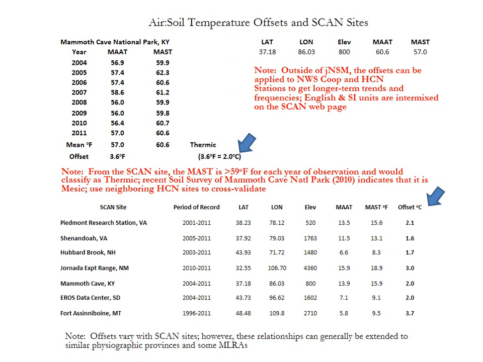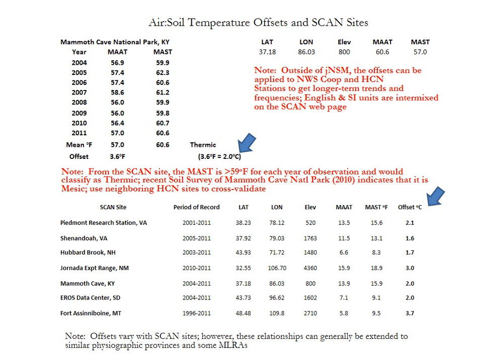Here's a summary slide where we have actually shown how that's computed in the upper section. So here's the offset from the years 2004 through 2011. And below, we've looked at the neighboring scan sites that had reasonable data. Note the period of records vary.